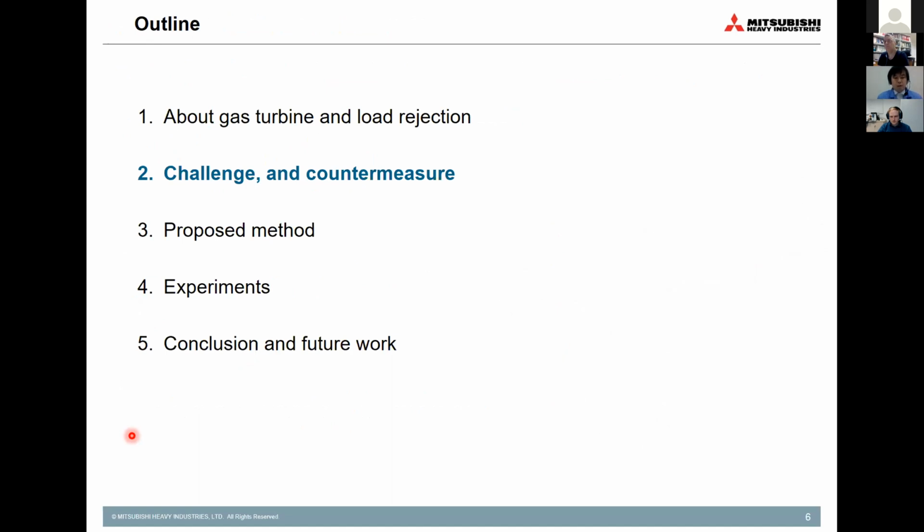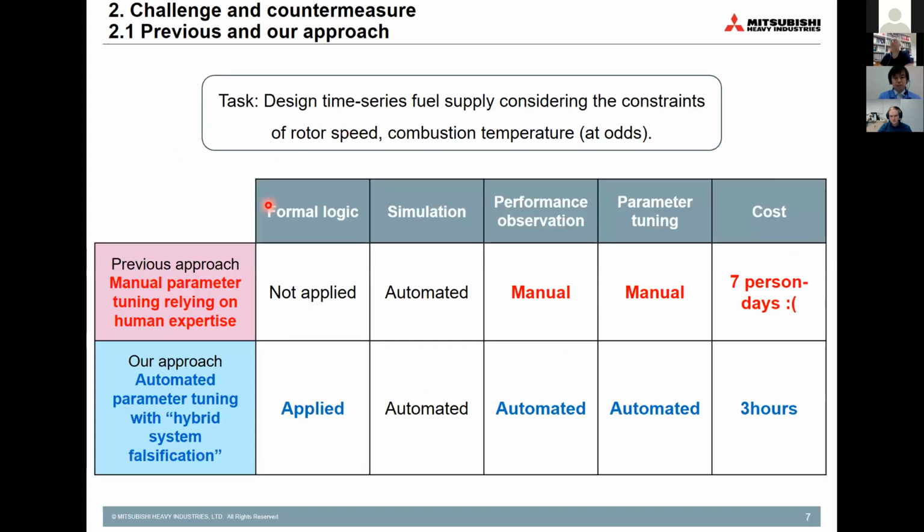In the next section, I explain our parameter synthesis approach and the challenges. At first, let me show the comparison between the previous approach and ours. In the previous approach, parameters for fuel control are manually tuned by human expertise.